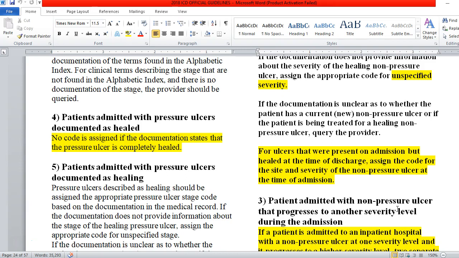So again, the guidelines are running the same. Okay, if it's healed, then we don't code it at all because it's healed. If it is healing, we are going to code what's happening right now. If they came in with a pressure ulcer and it healed by the time of discharge, we still code what the pressure ulcer was at admission.